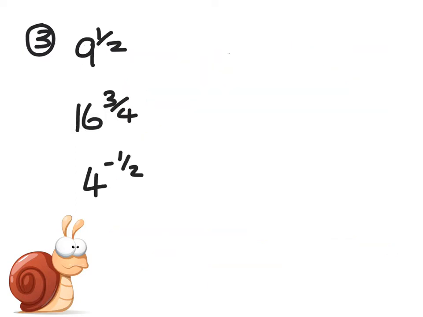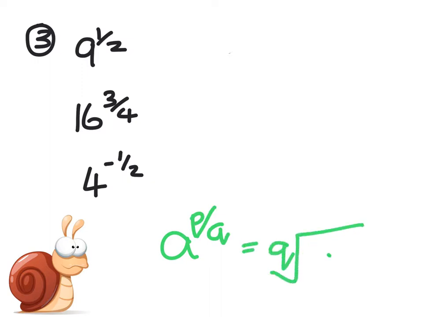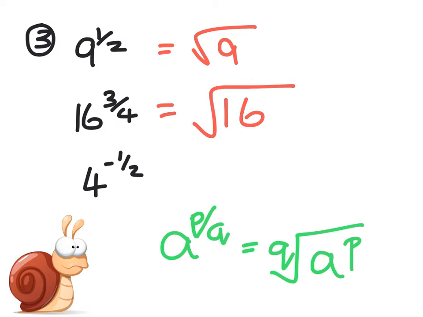Question 3, now the rule that we're going to use to answer question 3 is a to the power p over q is equal to the qth root of a to the power p. Okay, remembering that power a half means square root. 16, put the root sign in, the number on the bottom goes inside the wee ticky part, the power on the top goes there.